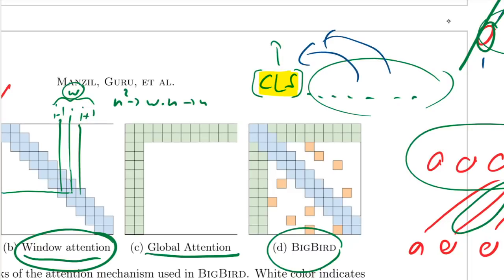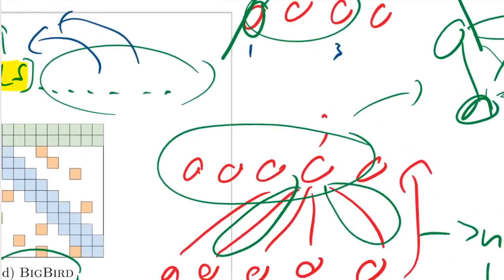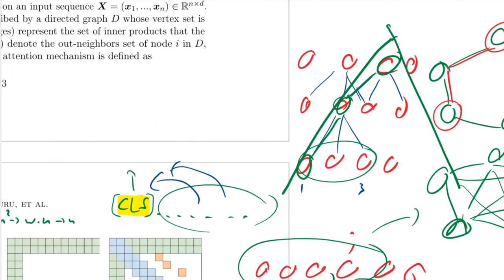So layer after layer, we have this one special node. And in each step, every single other node is able to send information right here to this node and receive information from this node.